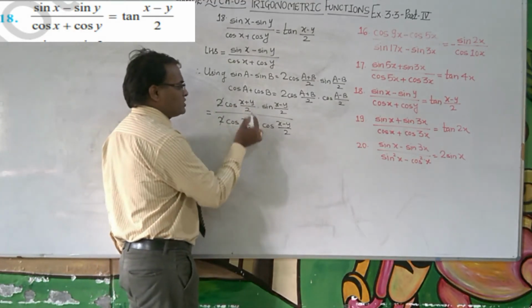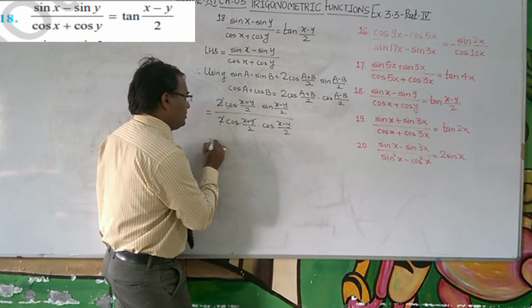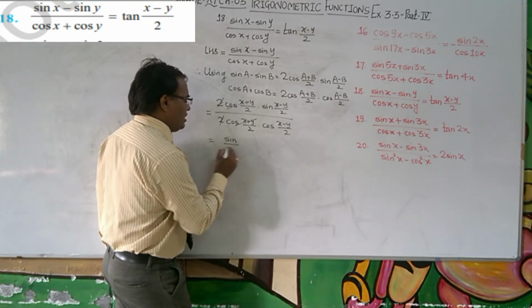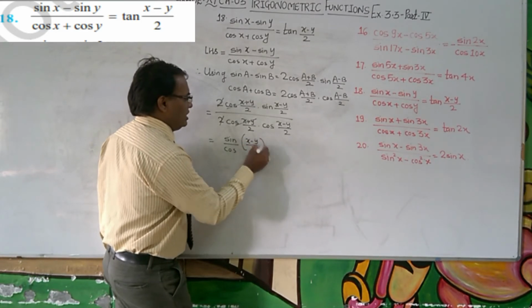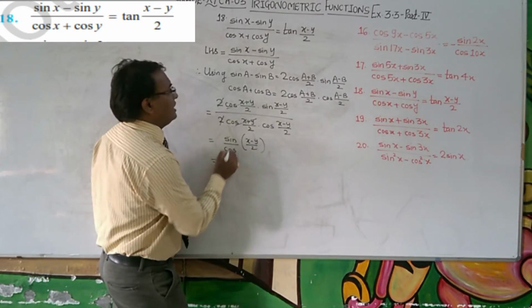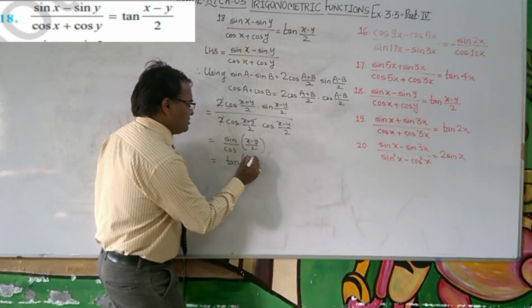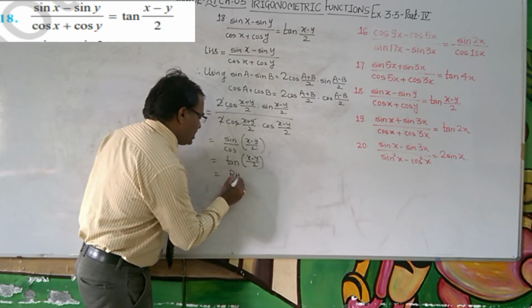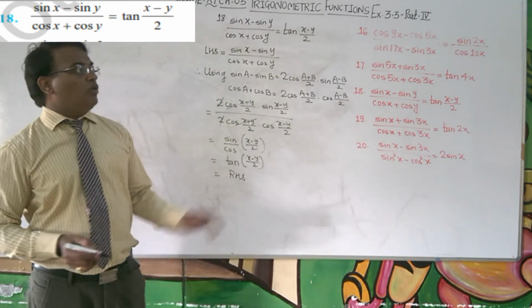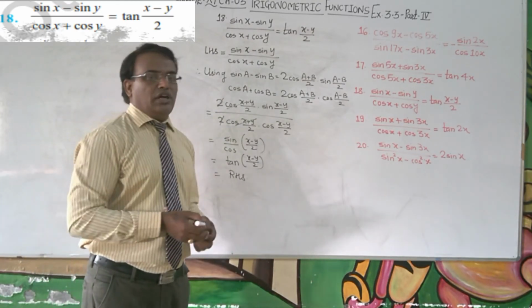After that, cos (x+y)/2 will also get cancelled. It means what remains is sin upon cos of (x-y)/2, and we know that sin upon cos is tan, so tan (x-y)/2, which is the required RHS. Again, if the formulas are well learned, then you can do the sum.